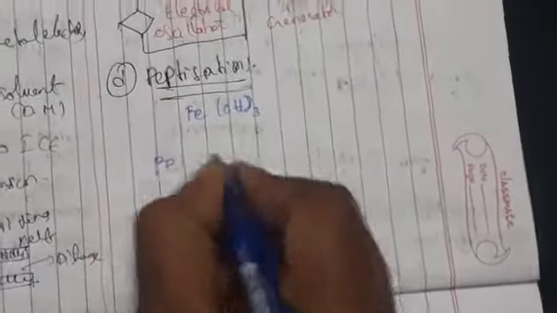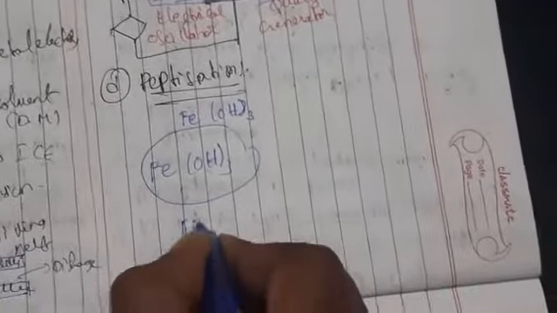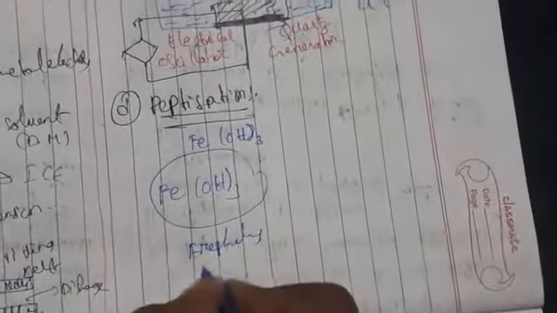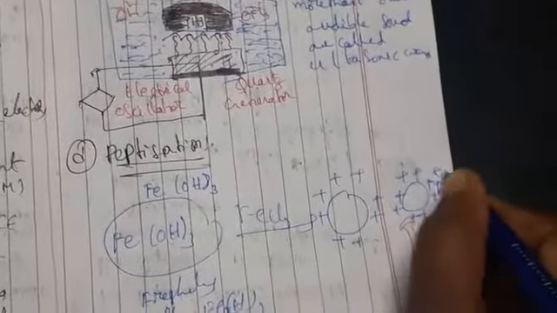If you take freshly precipitated Fe(OH)3 and add FeCl3, it forms a colloidal solution.